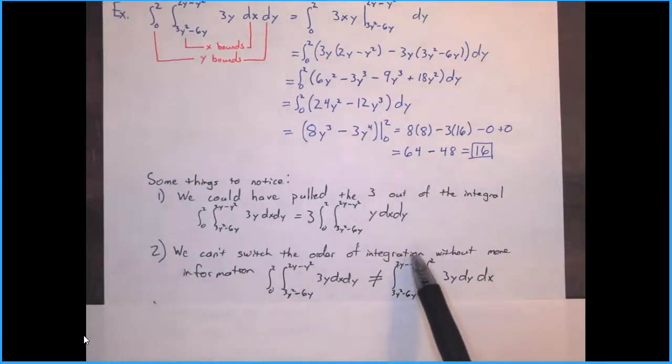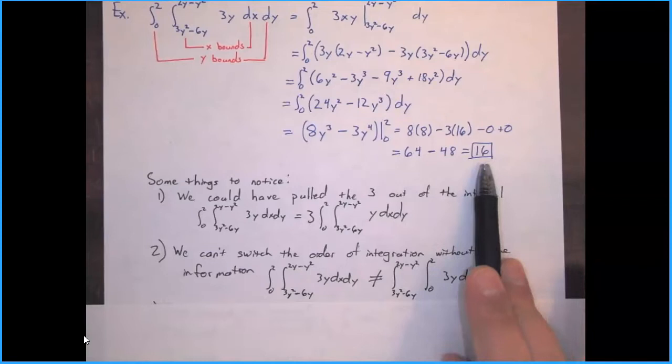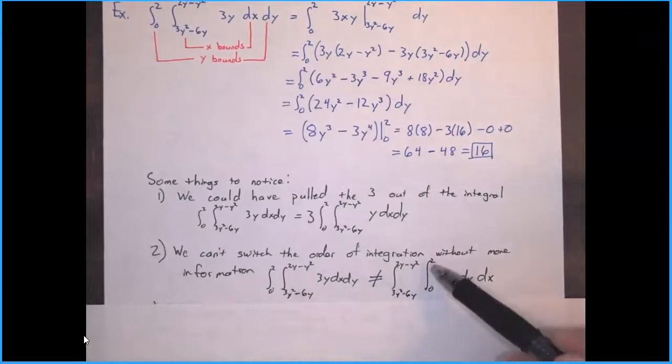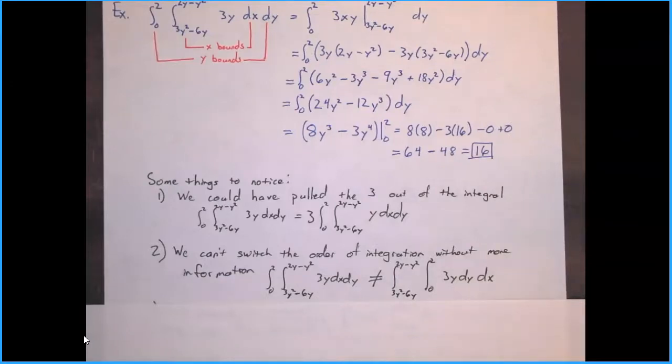So I'd get 6x, and then I plug in these two functions for x, and I would have a function of y as my answer. I don't want a function of y as my answer. I want a number as my answer. So you can switch the order of integration if you know more about your region, and instead of using 0 and 2 here, I can describe my region as two functions of x, and then these become numbers. But for this example, we don't know more about our region, so this is as much as we can do.